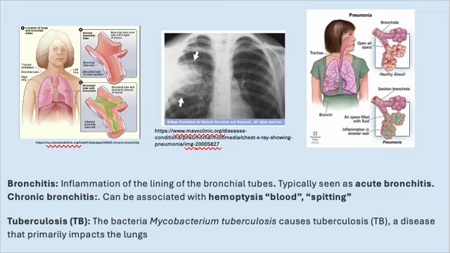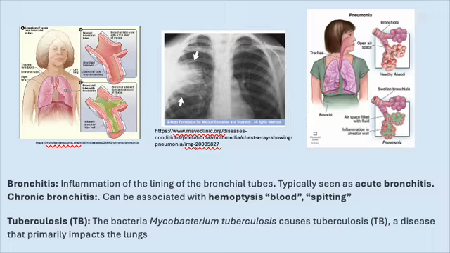And if it's chronic, it can be associated with something called hemoptysis, which is the medical term for coughing up blood. If the bronchi are inflamed and irritated for an extended period of time, that means more blood being brought to the area, and that inflamed tissue is more susceptible to becoming damaged or tearing, and this can result in the coughing up of blood.